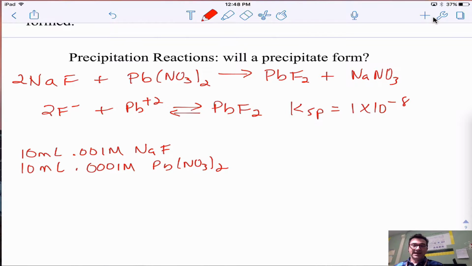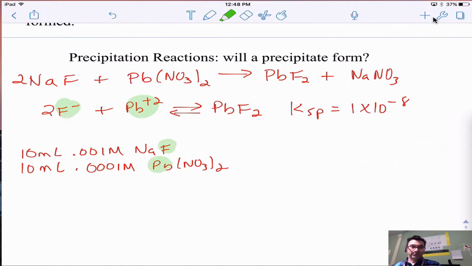Let's say that I have my 10 milliliters of 0.001 molar NaF. All that I'm really interested in are the ions that are reacting, and in this case those are my F⁻ and my Pb²⁺. So let's find the moles of the F⁻. We could do this in millimoles too, just to keep things simple and straightforward.